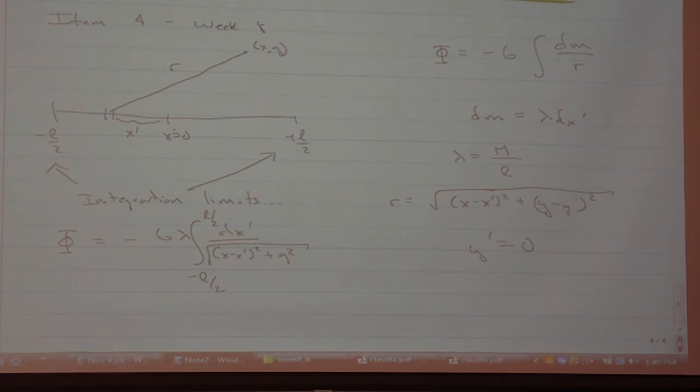5 is cute. 5 says take the limit as L is much greater than y. In other words, if you're really close to this thing, what does it look like? What does this look like if you're a really tiny, microscopic bug? Infinitely long. It looks like an infinite line. So in 6, it says compute the gravitational field of an infinitely long bar with mass per unit length lambda equal to that of the bar, and see that you get the same result as 5.